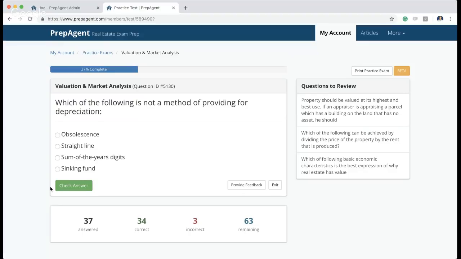Okay, which of the following is not a method of providing for depreciation? A, obsolescence; B, straight line; C, sum of 3 years digits; or D, sinking fund.